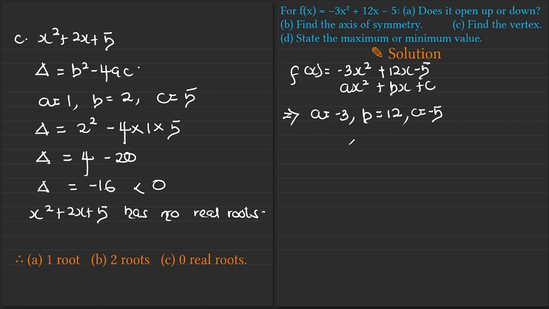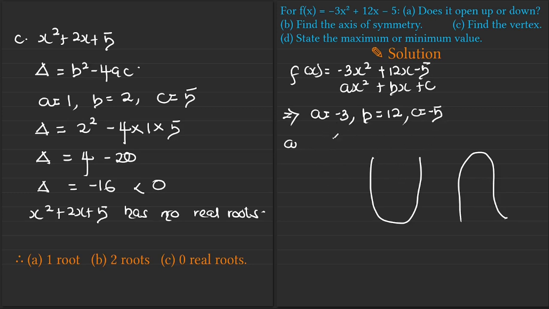So with all these, does it open up or down? Now if we look at the value of our a, we said if a is greater than 0, then it will definitely open up. But if a is less than 0, it would open down.